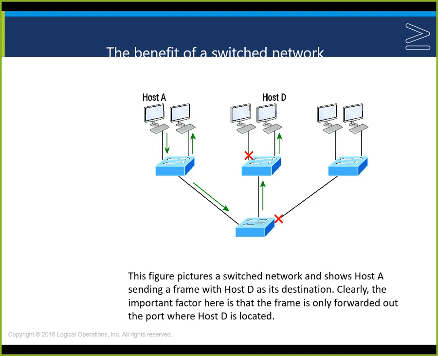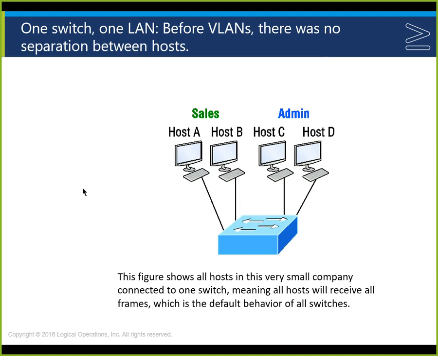The first time through, when it doesn't have an entry in the MAC address table, it floods it out all of the ports except the port that it came in on. The important factor here is that the frame is only forwarded out the port where host D is located. And how does it know where it's located? The MAC address table will tell us that.